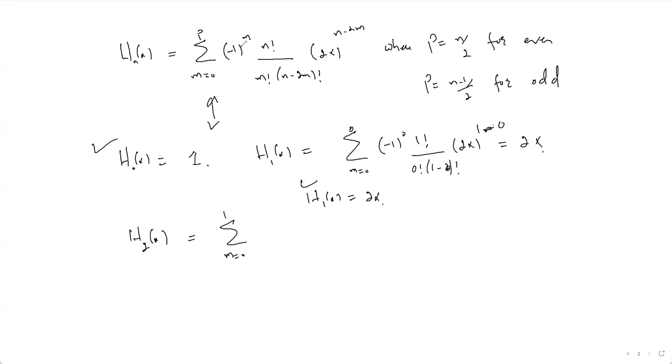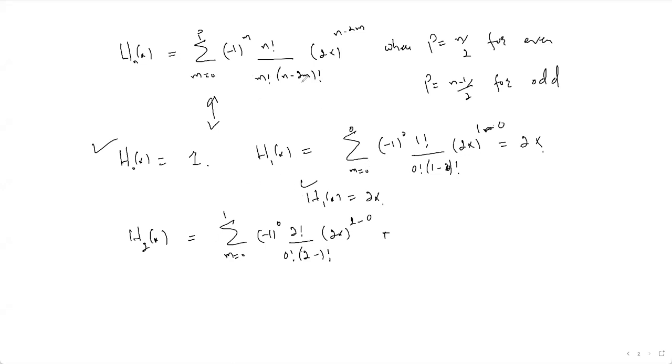So when m equal to 0, it will be minus 1 raised to power 0, n factorial is 2 factorial, divided by m factorial is 0 factorial into n minus 2m, 2 factorial. Okay, then we have 2x raised to power n minus 2m, 2 minus 0, plus the second term when m is equal to 1.